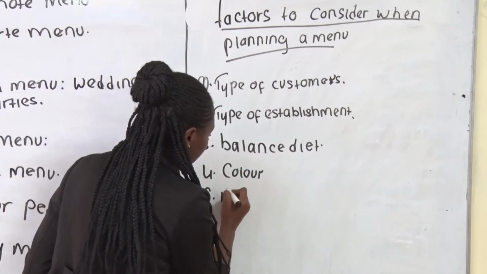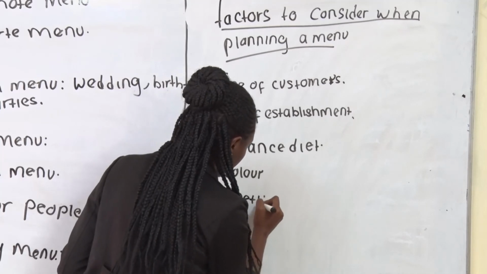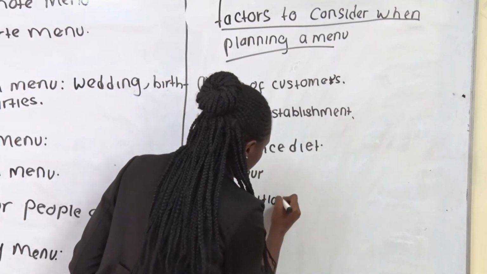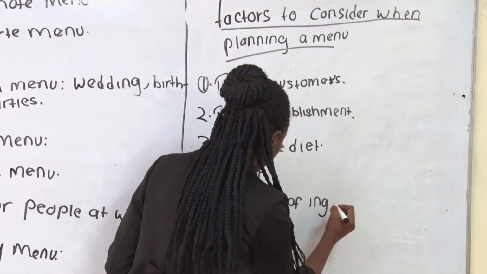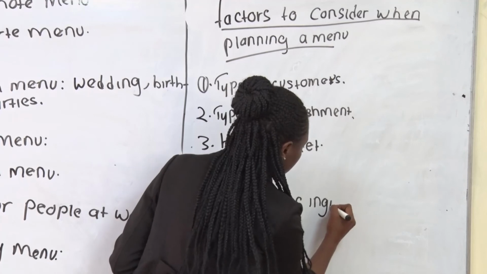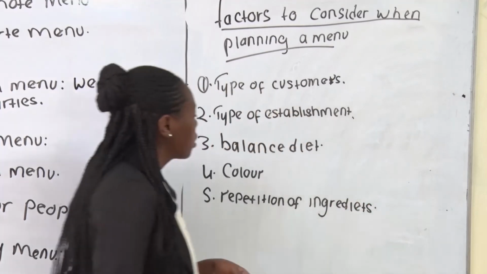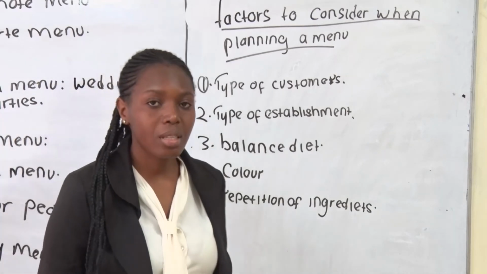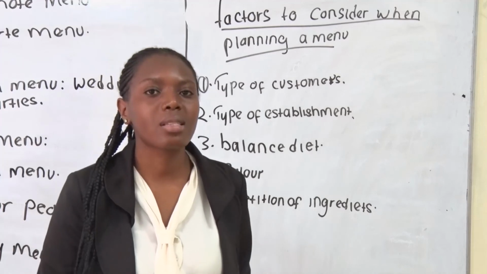The other one is repetition of ingredients. Now here, you are not supposed to repeat the ingredient when you are producing the meals.